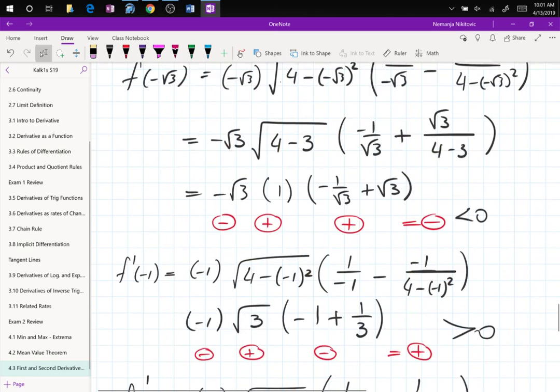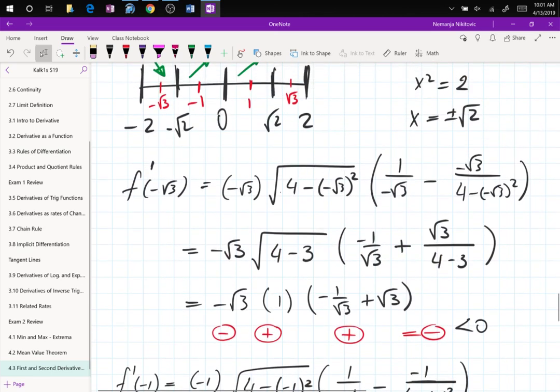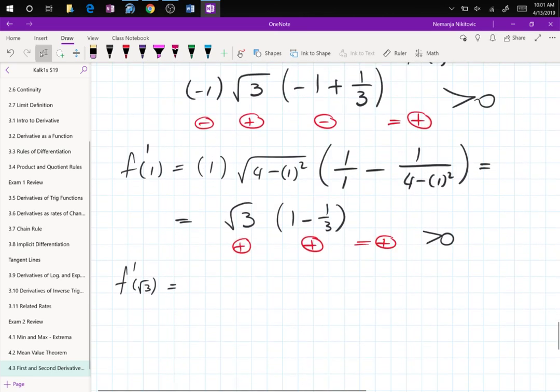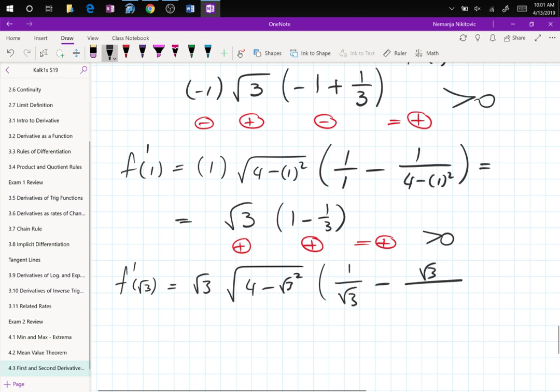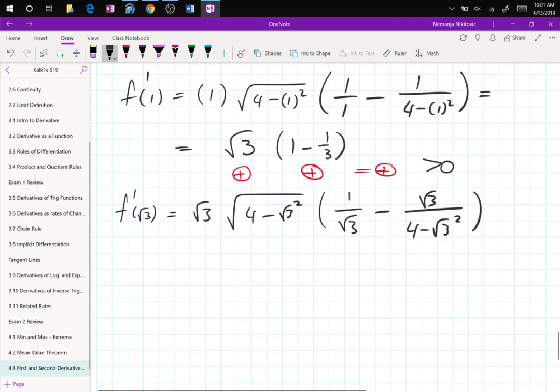Anyway, √3, so that's going to be the same calculation, except some of these minus signs are going to be gone. So we have 4 minus √3 squared, 1 over √3 minus √3 over 4 minus √3 squared. So we calculate as much as we can. We leave the √3, and then this is going to be square root of 1, which is positive 1.